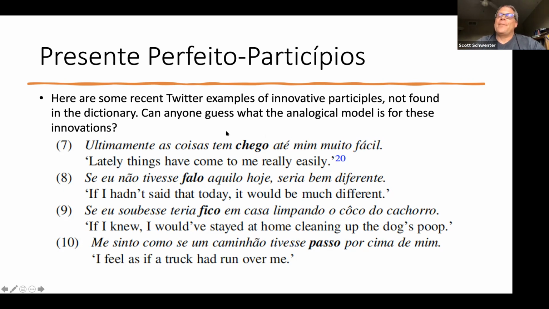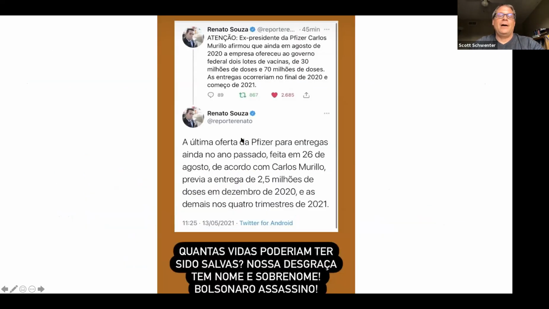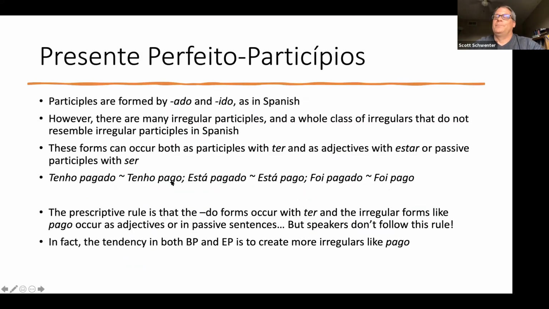And they know that there are other participles that are accepted that have this form. And I've talked to native speakers with very high levels of education, and I ask them, would you say tem chego or tem chegado? And they'll say, oh my God, I don't know. Because it's so natural for them to want to turn those participles into forms like chego that follow this model of other forms like pago, right?